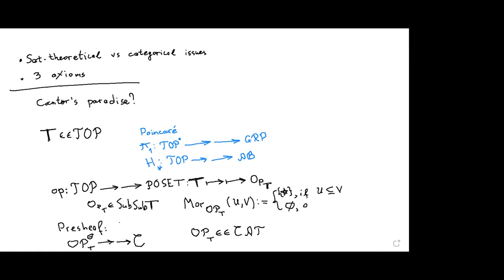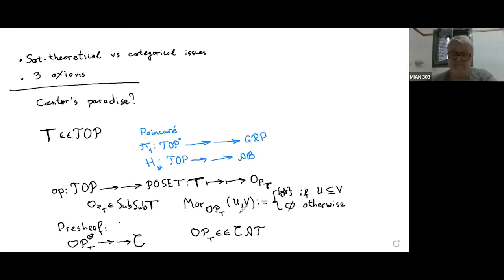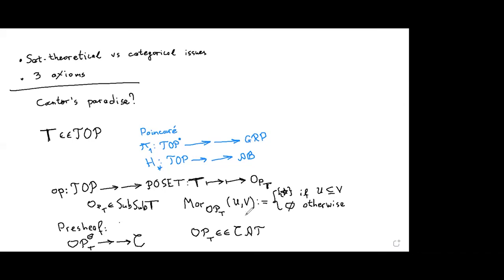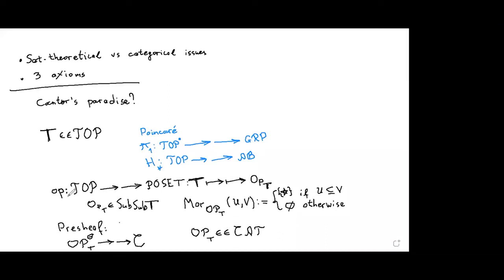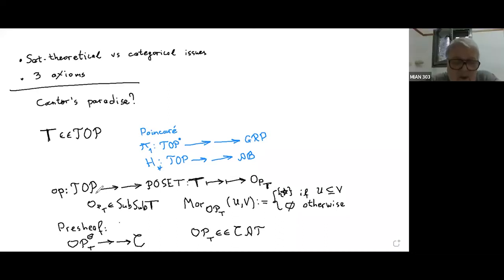No, but I still believe that if we have a map of topological spaces, then the induced map on the set of open subsets is in the opposite direction. So I think that this functor OP should be contravariant. So say it again, please, Sasha. You still think that this functor seems contravariant to you?